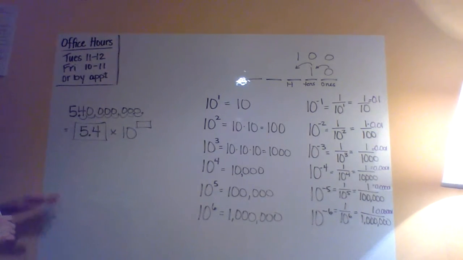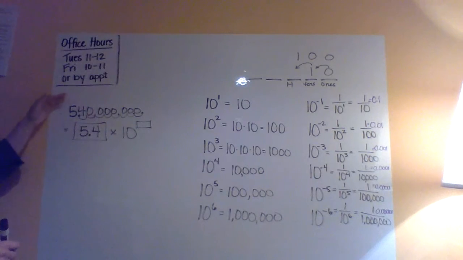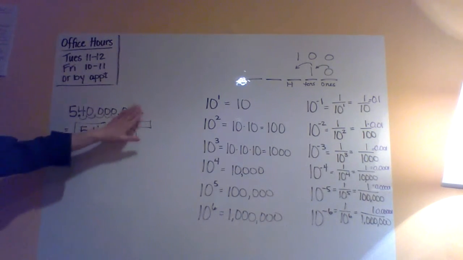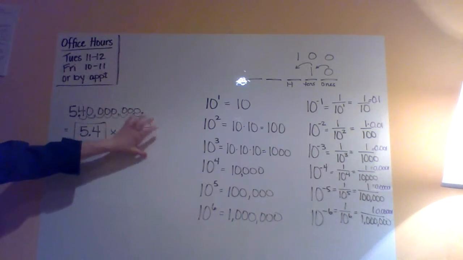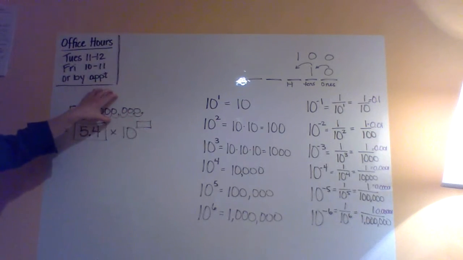Okay, now we know that 540 million is not the same as 5.4, obviously, right? If I have $5.40, that's not the same as $540 million. So what's going to make the difference is this 10 to some power over here. Together, these two would give me the number I started out with.